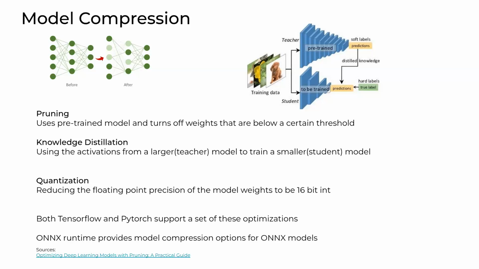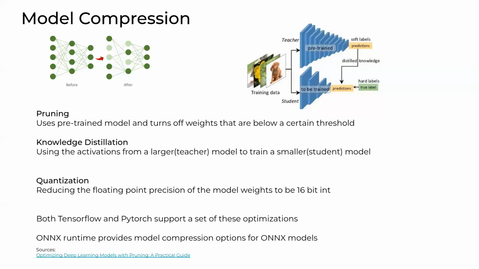So what you can do is set a certain threshold, look at all the weights that are lower than this threshold, and switch them off, basically bring them down to zero. This way, as you can see in the diagram on the top left, you go from a dense network to a much sparser network. The objective is to make the network smaller, but not to sacrifice performance.